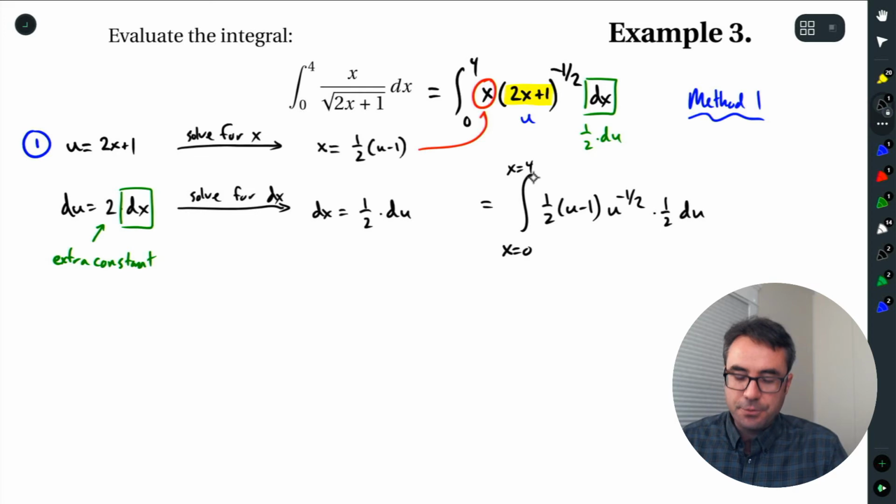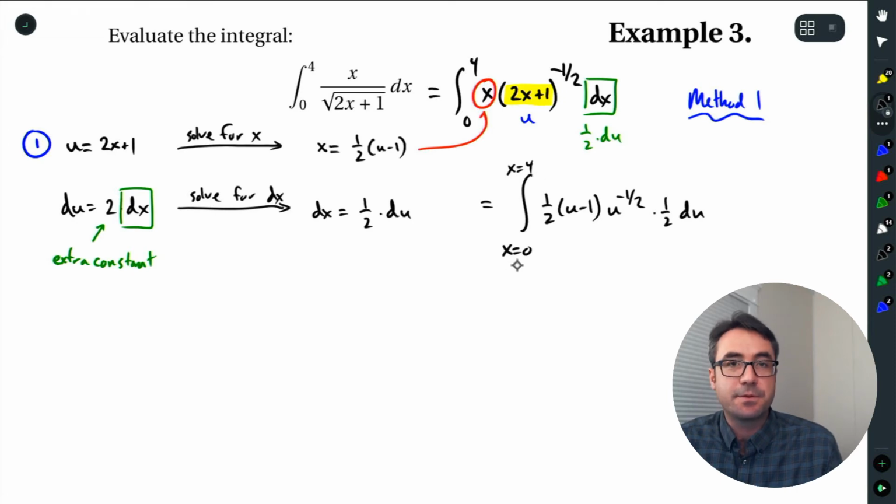If we were going to do method 2, then I would just convert over these limits of integration right now. So it just depends when you want to do it. Really, it's the same amount of work either way. So our upper limit, if we wanted to do the other option, take x equals 4, plug it into your equation for u, you'd get 2 times 4 plus 1, which is 9. So another way is you would rewrite this with u equal to 9.